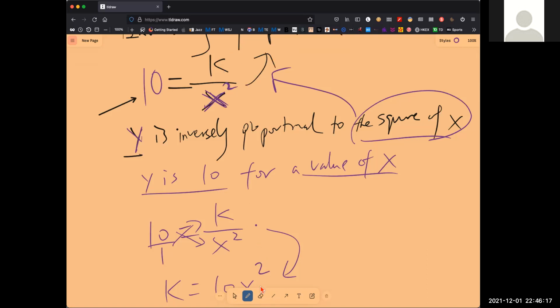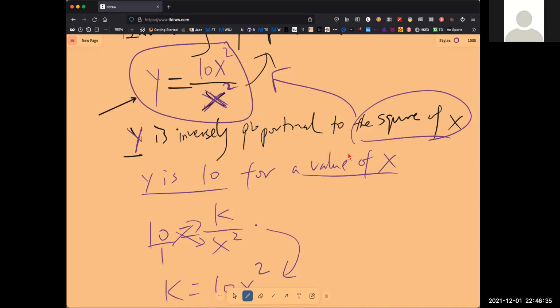So you just replace your k with 10x squared, and this 10 is replaced by y. So this is the formula.